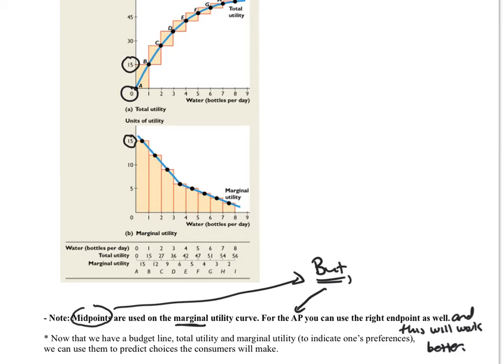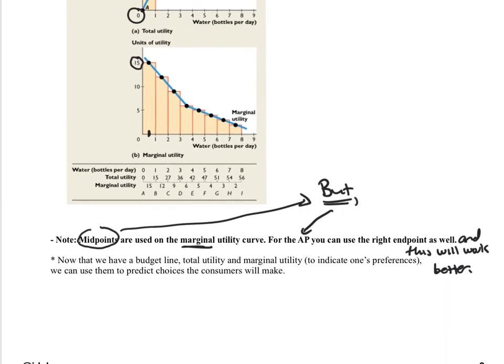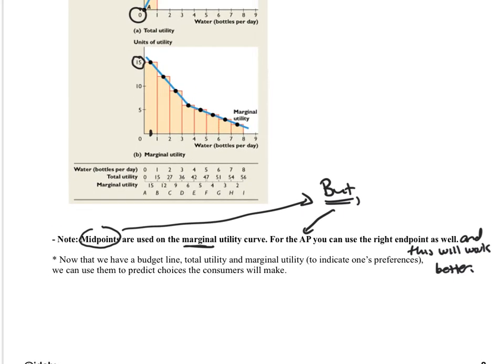And they do plot it here at the midpoint, which is a half. It's actually going to be easier and better if we don't do that, not just in the graph, but in the table. So when you do that additional utility, just put it at the right endpoint, just like I did in the table above. So if you get 15 more units of utility, if you go from 0 to 1, you're just going to plot it at 1. You'll see that in a future example.